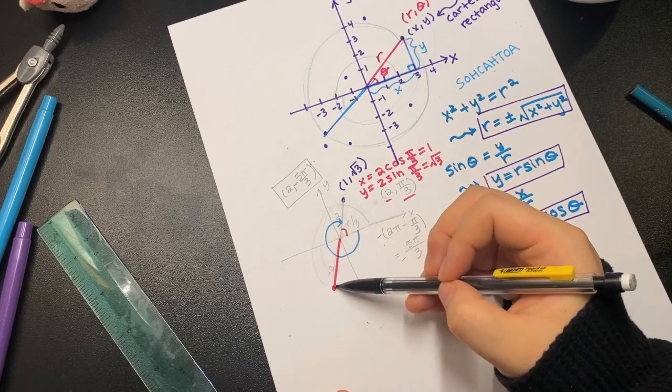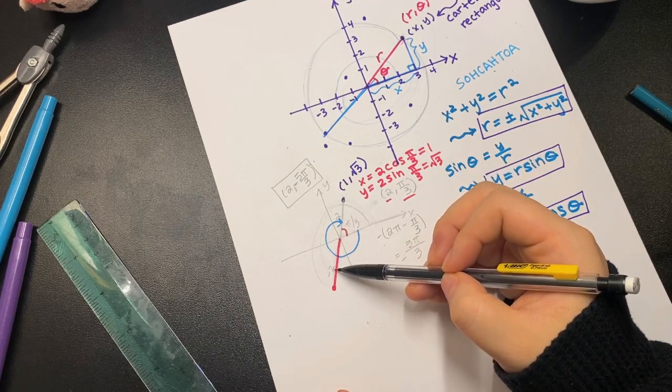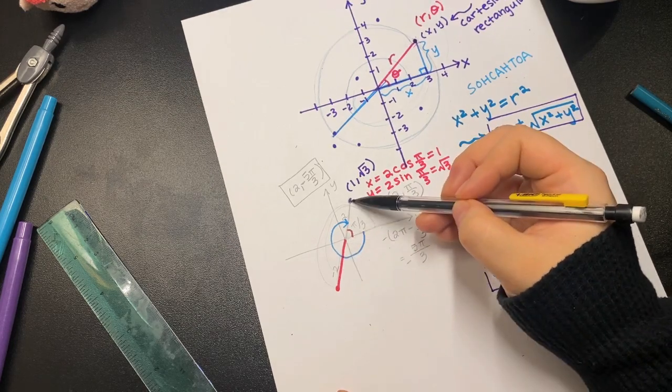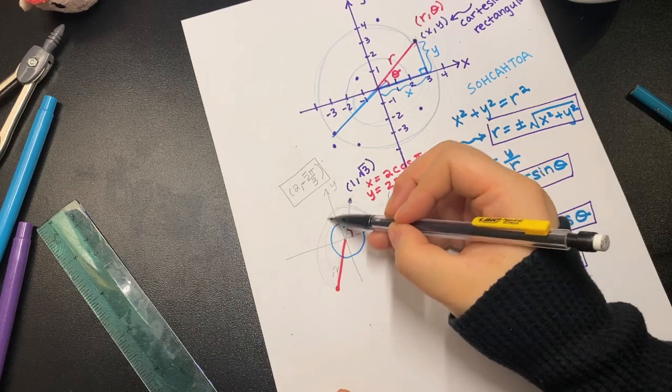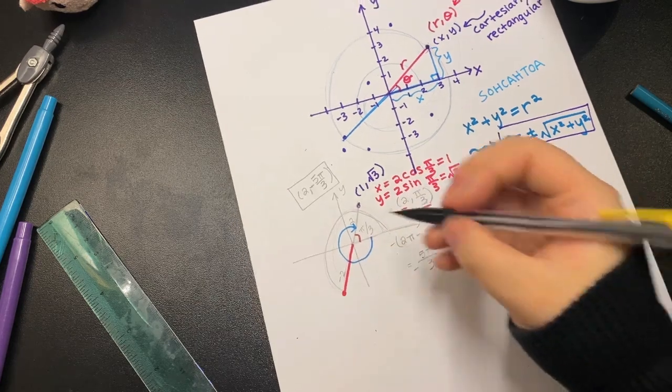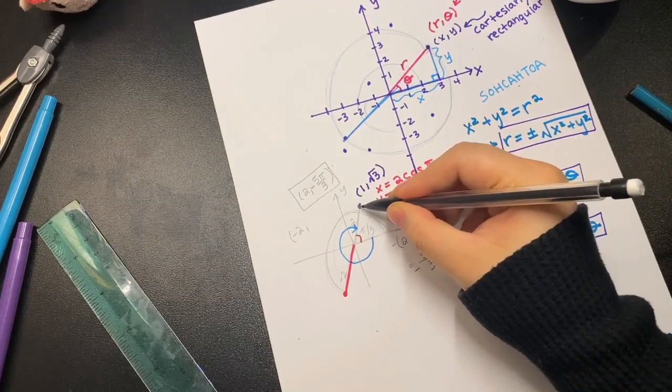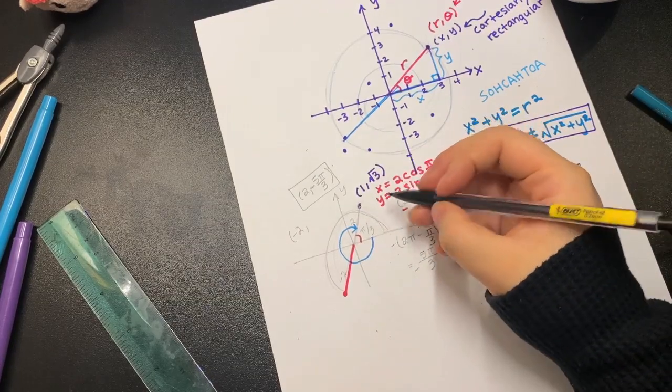If we go to this part, then we reflect it back, it would go back here. So this angle with a negative 2 r would also give me an equivalent pairing for 1 comma root 3.